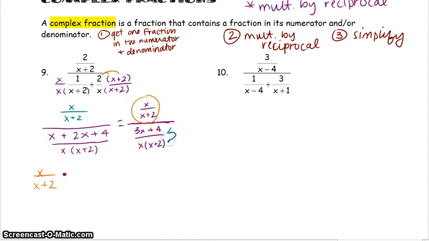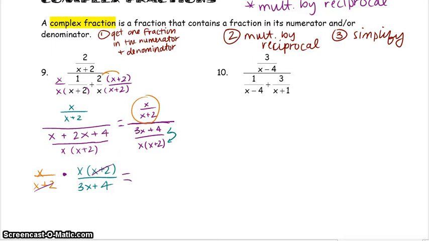So we're flipping our denominator, so it's x times x plus 2 all over 3x plus 4. Okay, so then this is just like what we did yesterday, 9.4. So then we look to see when we're multiplying, can we simplify this at all? Well, we have an x plus 2 in the denominator and x plus 2 in the numerator, so those cancel.